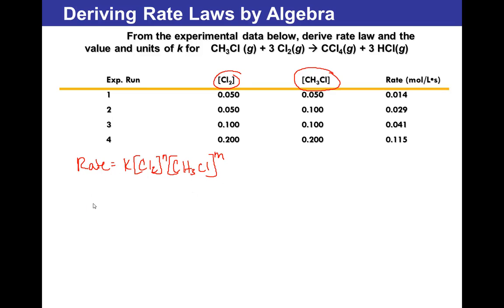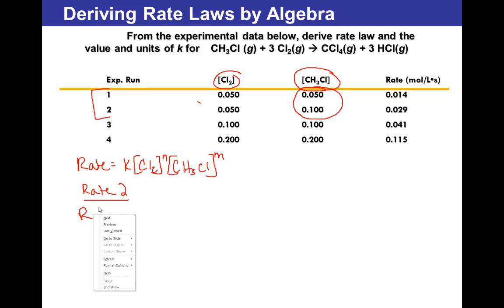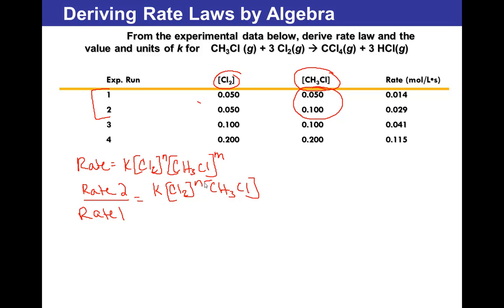We do this by comparing. We're going to use for the first one, let's get rid of this one first, experiments 2 and 1. So rate 2 over rate 1 is equal to the K [Cl2] to the N [CH3Cl] to the M over K [Cl2] [CH3Cl].